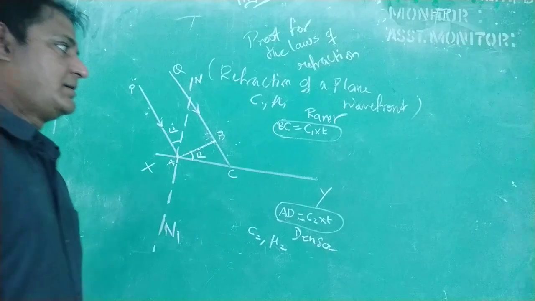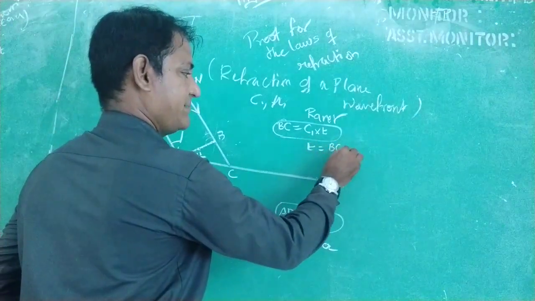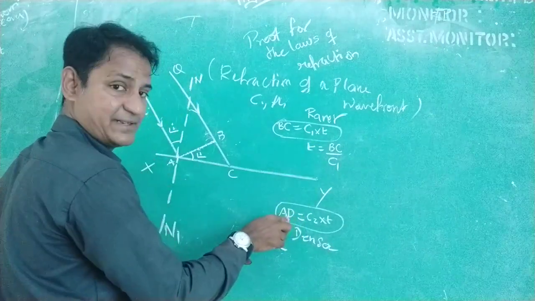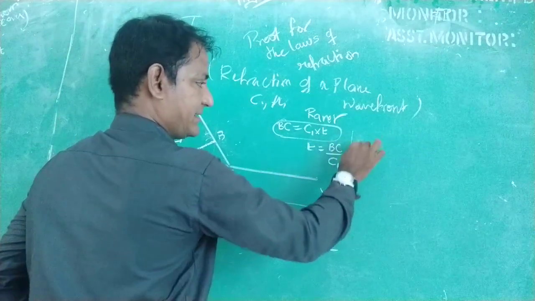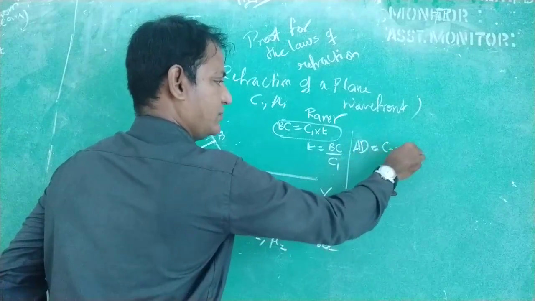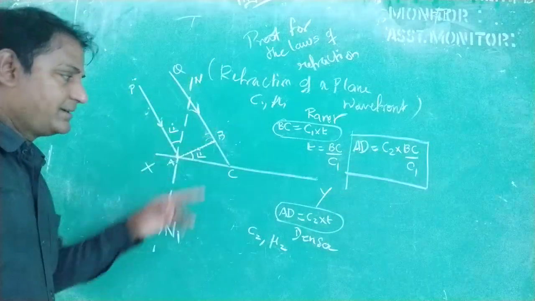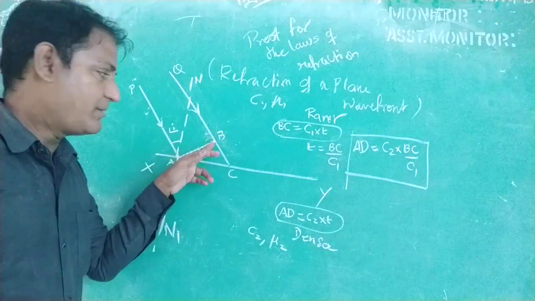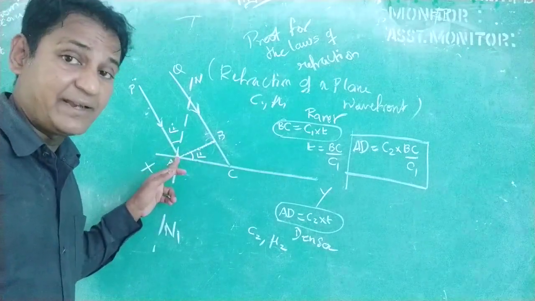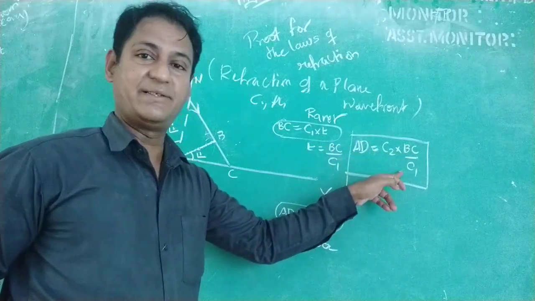Right? So from this, t is equal to BC by c1. When I substitute the value of t in AD, I get AD equal to c2 into BC by c1. So by the time the wavelet from B reaches C, a wavelet from A would have traveled a distance equal to c2 into BC by c1.